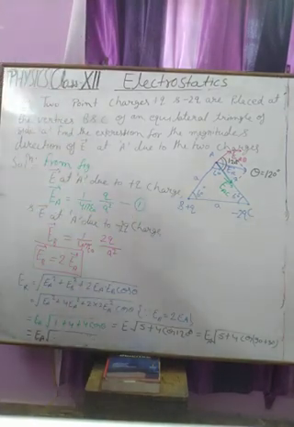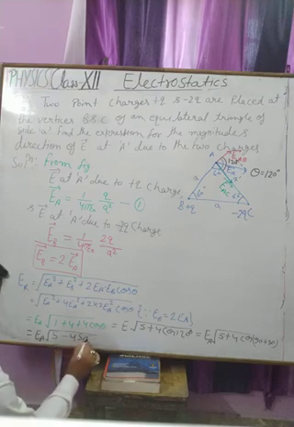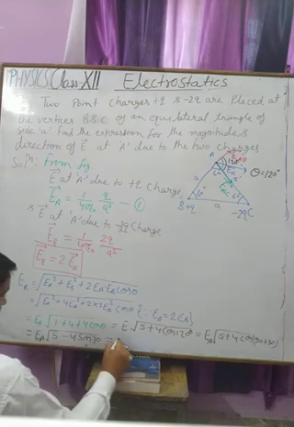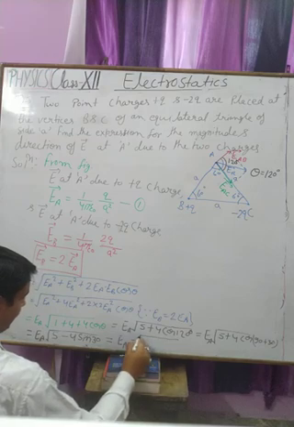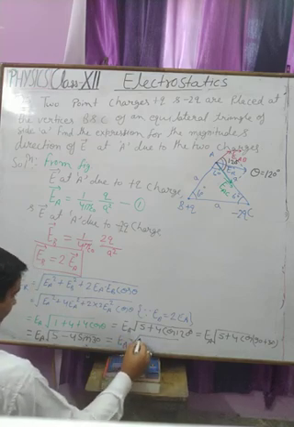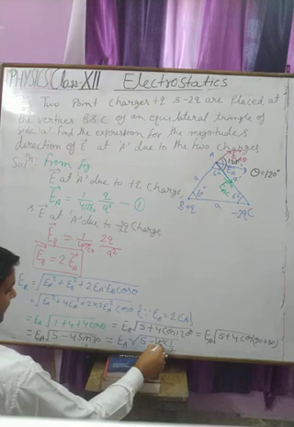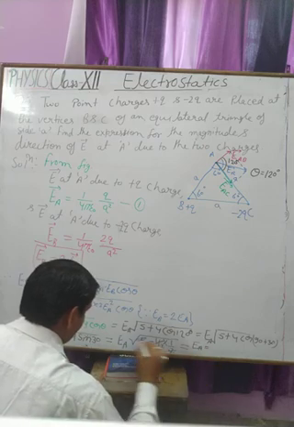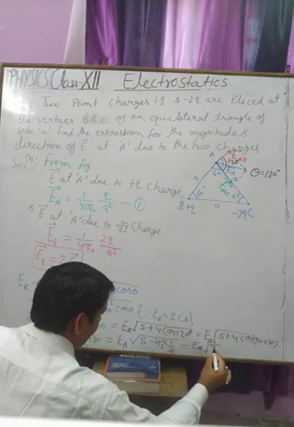So this value becomes 5 minus 4 sine 30, and we know the value of sine 30 is 1 by 2. So 5 minus 4 into 1 by 2, and we get the result E is equal to EA under root 3.